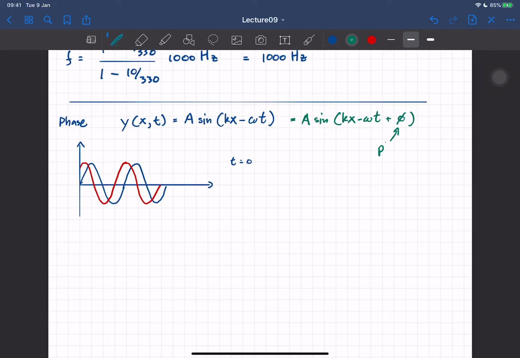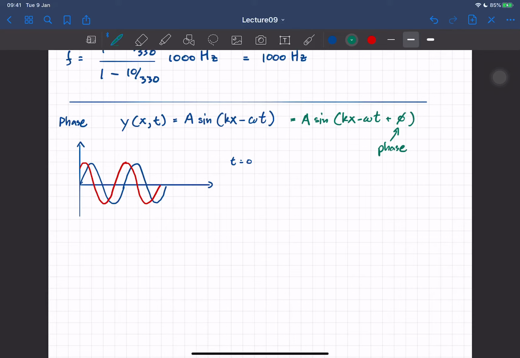So this is the phase. Okay, so we can take it to 0 again because most of the time it doesn't change anything that we are trying to do. But if you have more than one wave, this becomes important because it's going to determine what the resulting wave looks like when you add the two together, right?